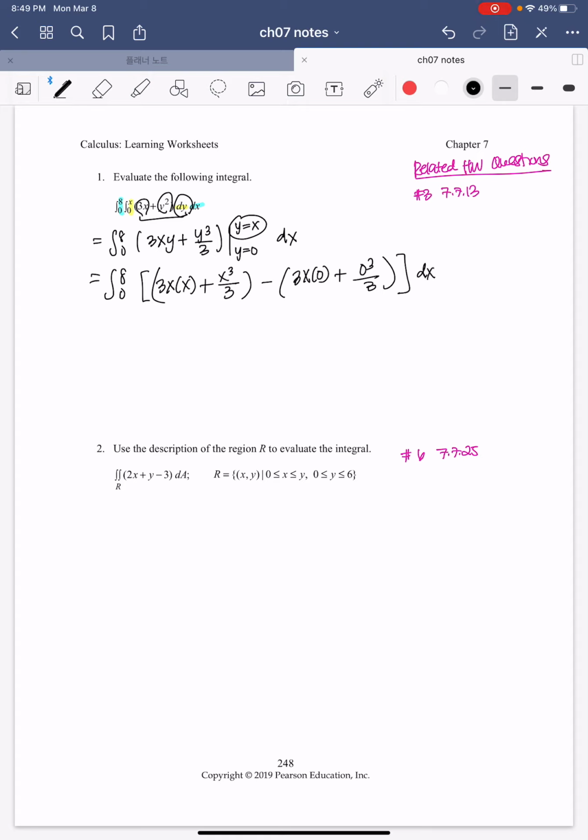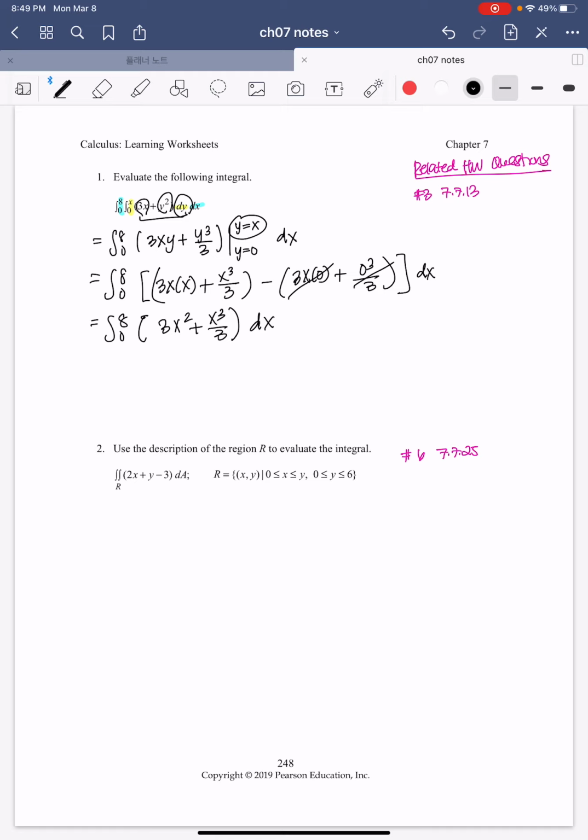Let's simplify. We have 0 to 8, 3x squared plus x cubed over 3, and this one you see is 0, dx. All these variables end up being reduced down to one.